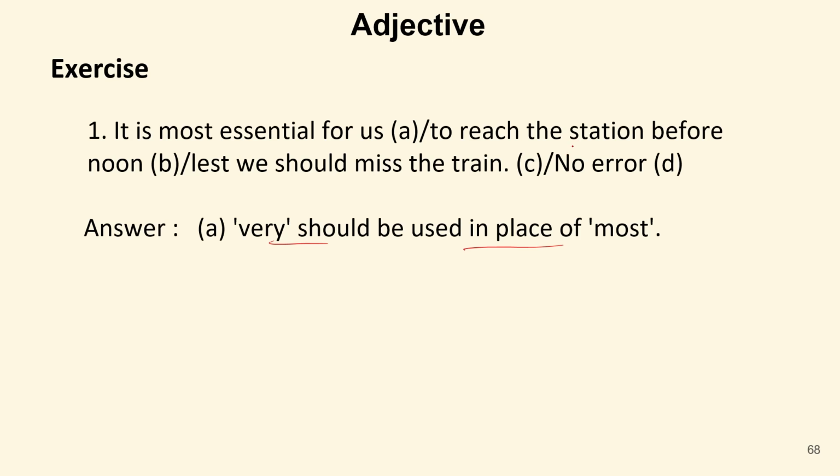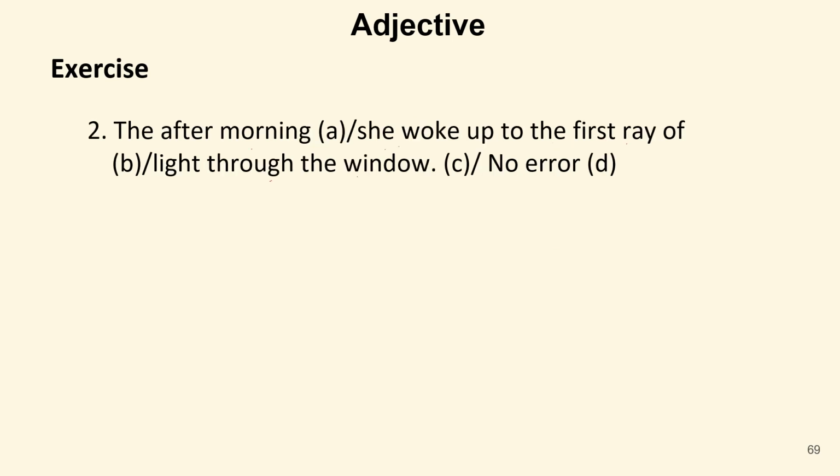Now, let's move to the second sentence. The after morning, she woke up to the first ray of light through the window. In the very first part, it is written the after morning. What does it mean? Maybe they are trying to say the morning that is being followed.